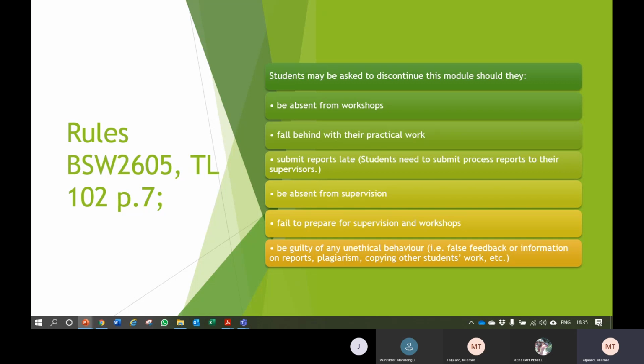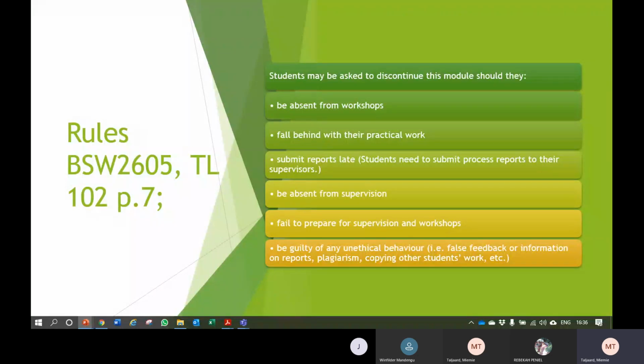So I don't know how the workshops worked during COVID, but when they were still face-to-face, I often taught at the same time as the social work students had their workshops. And you may not be absent from such a workshop. You can't fall behind with your practical work.